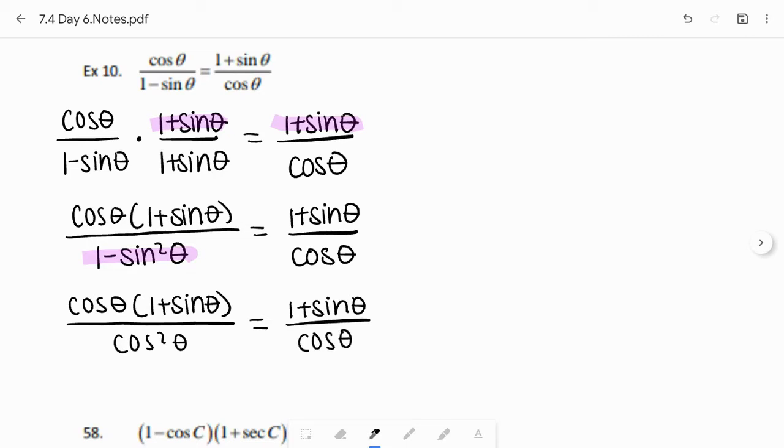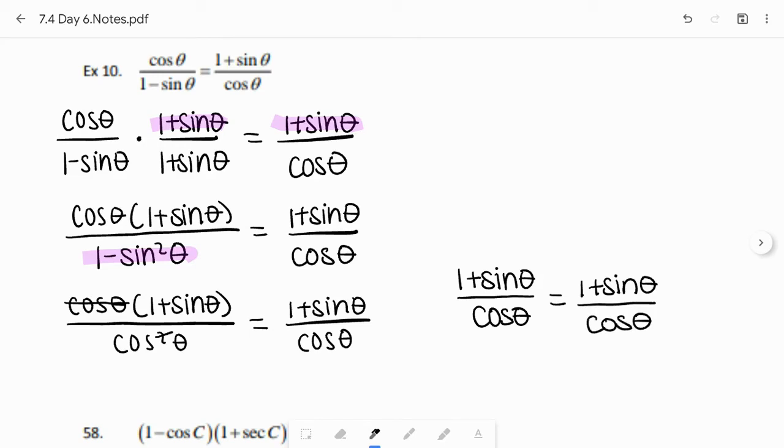Okay, now I can go ahead and cancel out my cosine of theta with my squared in the bottom, and I will end up with 1 plus sine theta over cosine theta is equal to the right-hand side, which was 1 plus sine of theta over cosine theta.